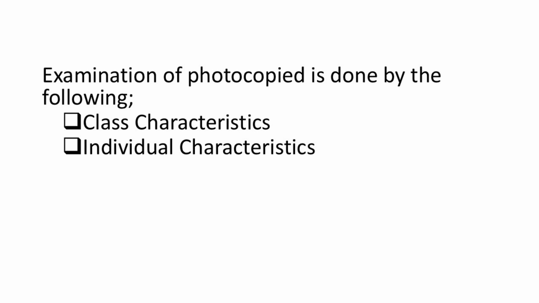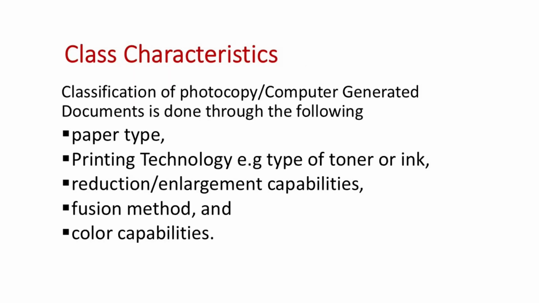Then we consider the reduction or enlargement capabilities of the machine that produced the document. Another thing you consider is the printing technology, whether toner or ink was used. Then if toner was used, which type of fusion method? Let's consider these one after the other.